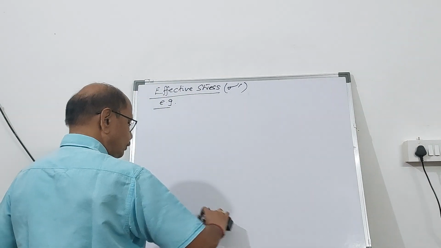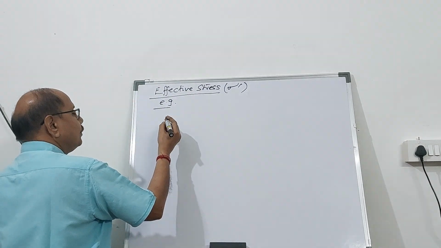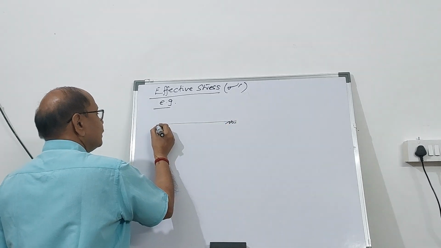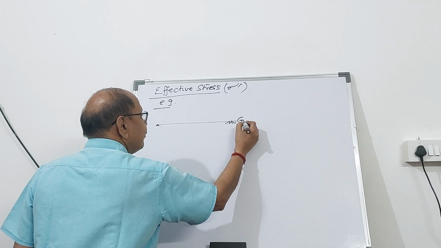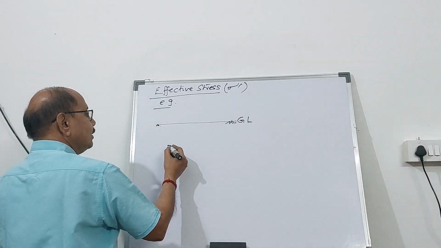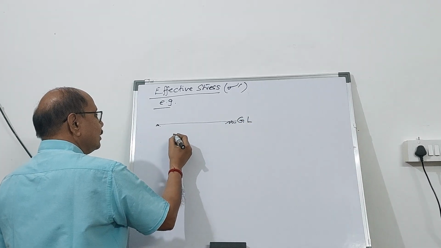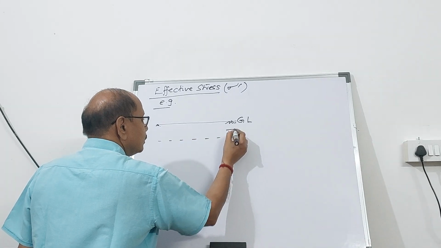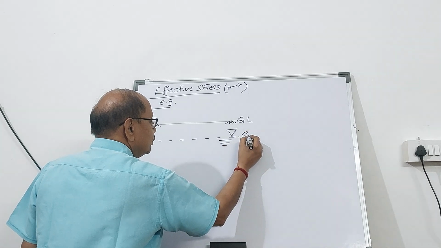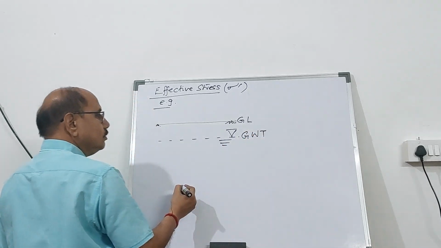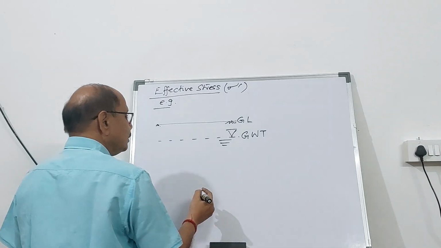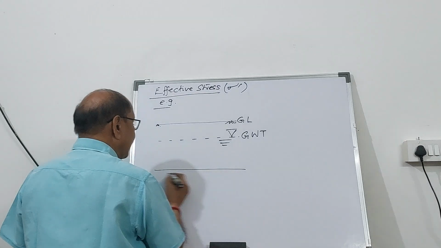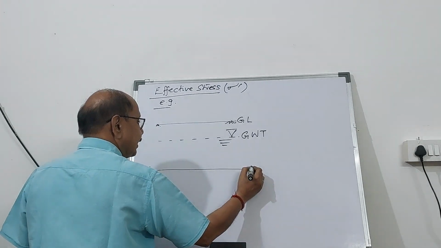And if the ground condition is like this, this is the ground level, and you have the groundwater table, GWT, at a certain depth, and you want to find out the effective stress at A.